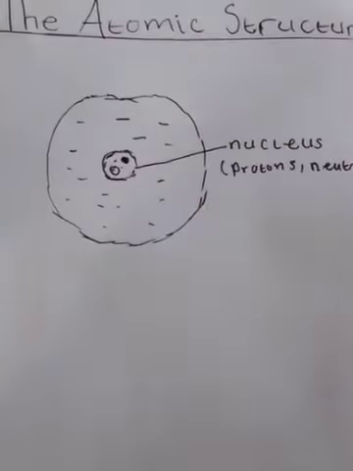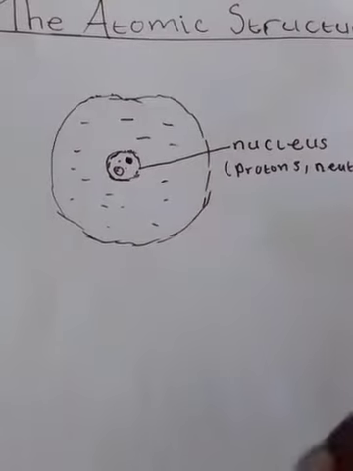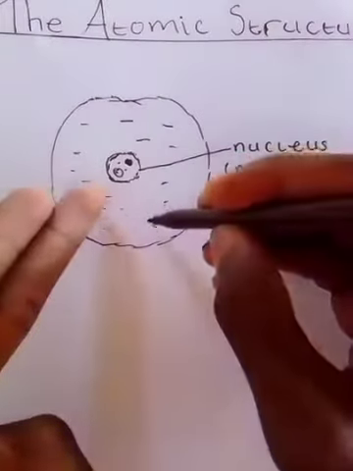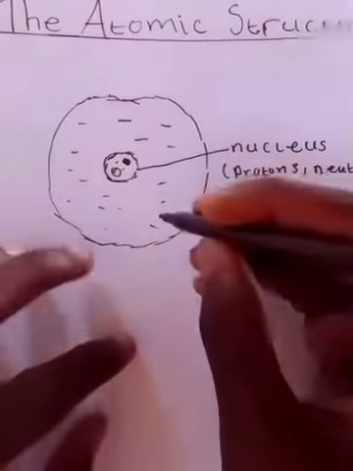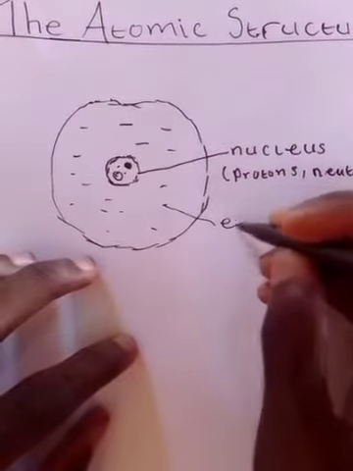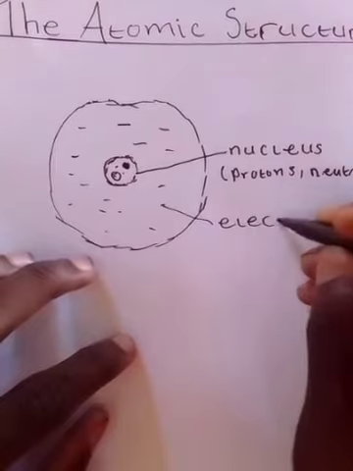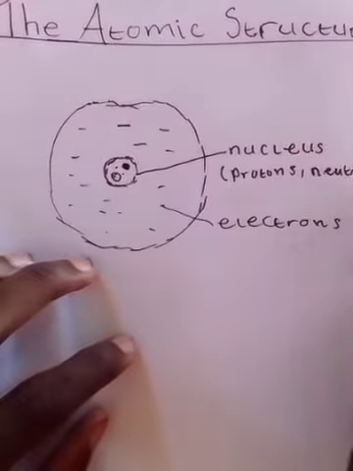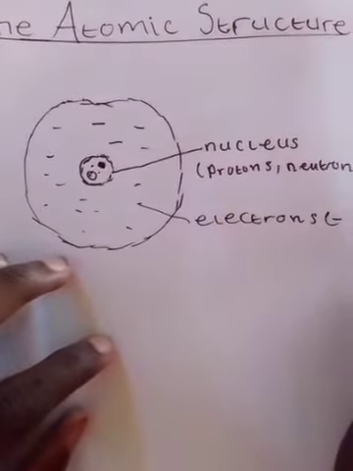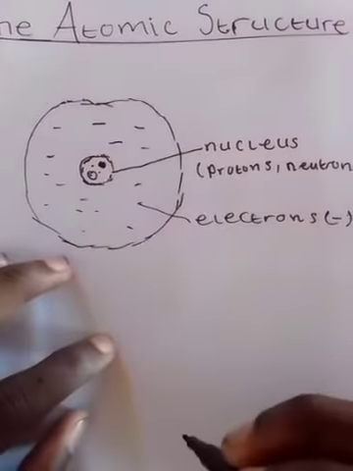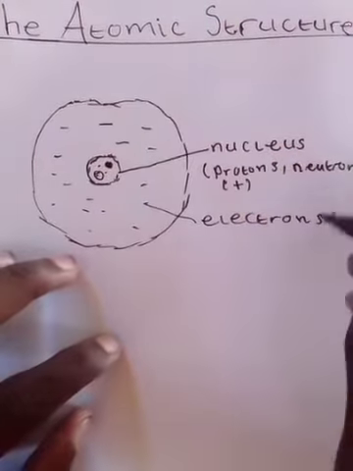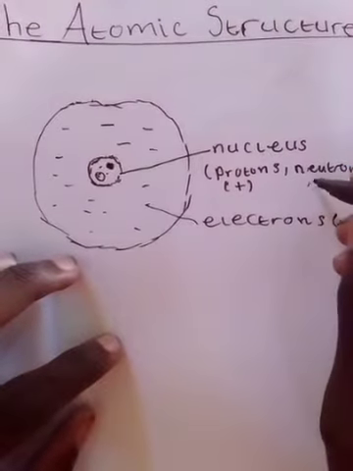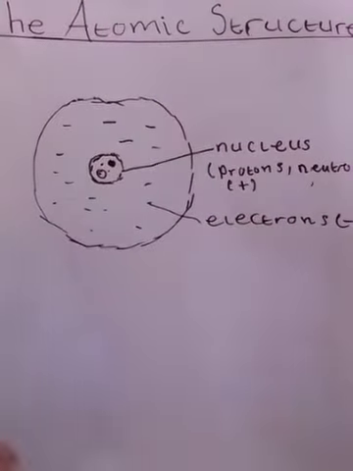So one thing that you should know is that the electrons are negatively charged. Okay, first of all, let me even label them. I'll say electrons. The electrons are negatively charged, and the protons are positively charged. The neutrons don't have any charge. Okay, they are not charged.